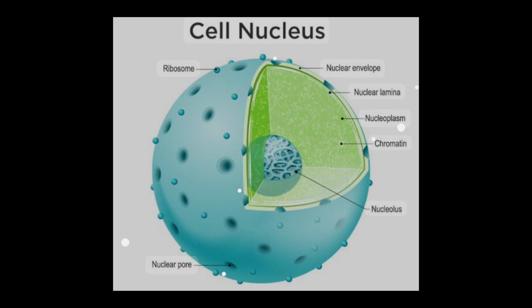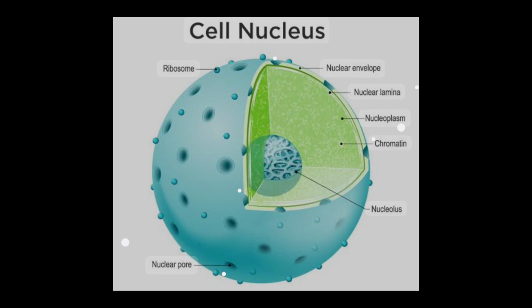Next part of the cell is chromatin fibers, a fine thread-like network in the resting stage of the nucleus which condense into chromosomes during cell division and are made up of DNA threads. Chromosomes carry genes which are carriers of hereditary information from parents to offspring.